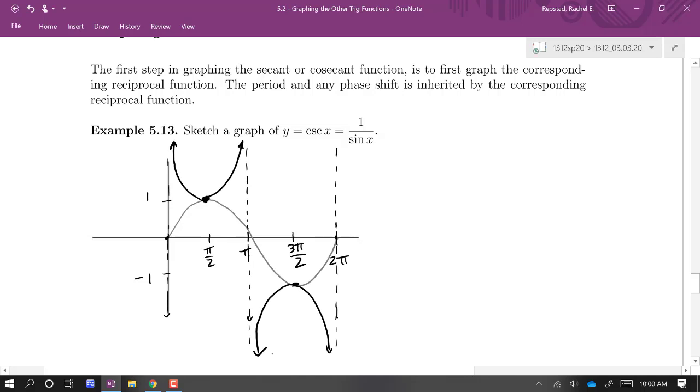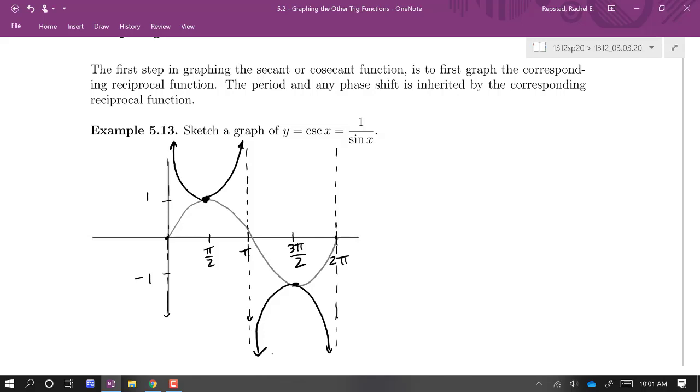So the two sort of disconnected U-shapes, that's the graph of cosecant. The gray graph that I did was the graph of sine, there to kind of just help me as an aid to draw that. To this day, if I'm drawing a cosecant graph, or a secant, I first just draw the sine or cosine that goes along with it.